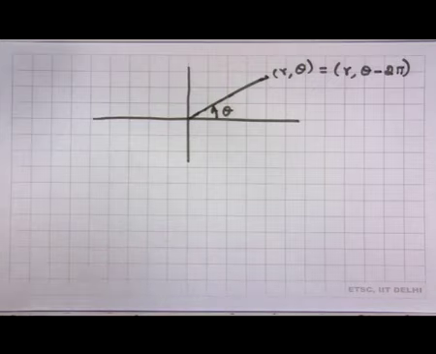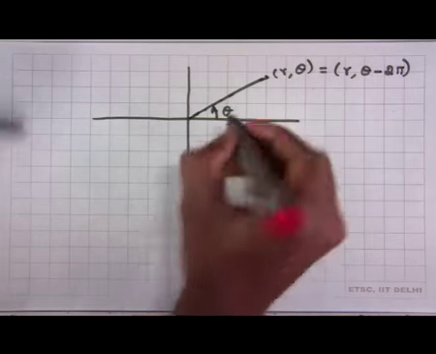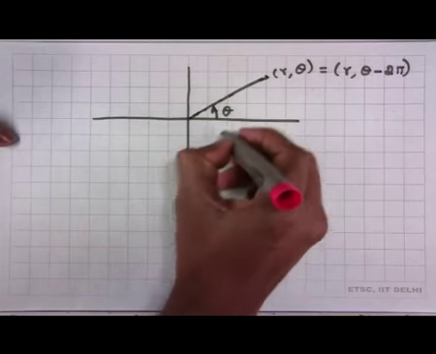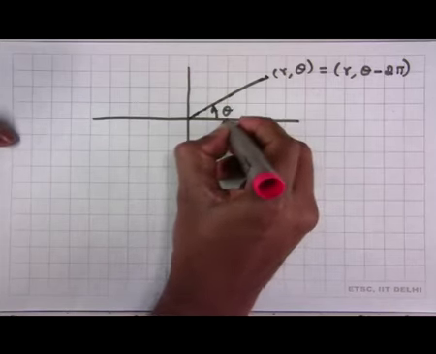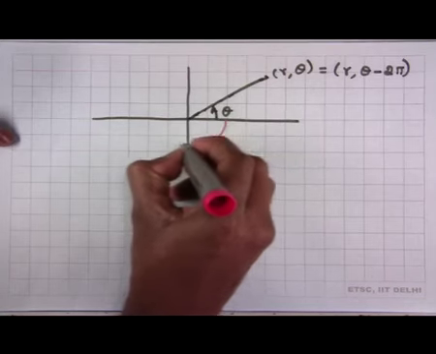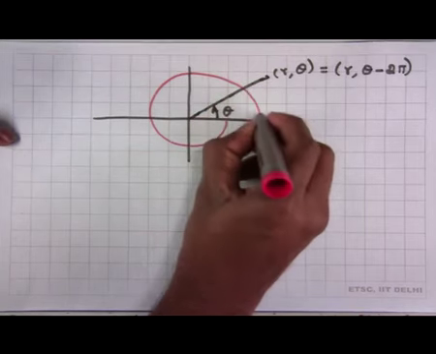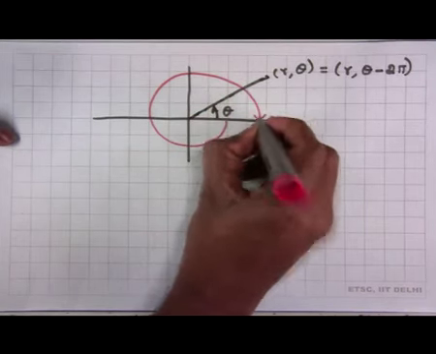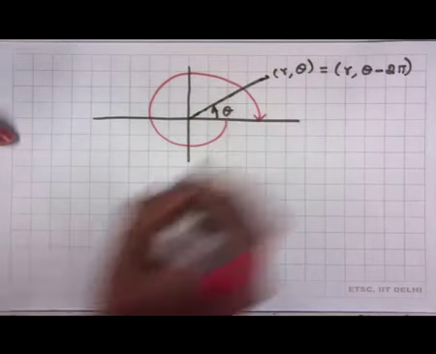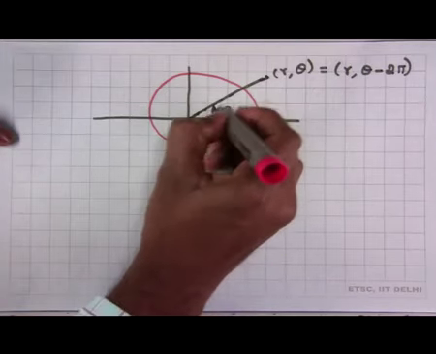Now, this can be seen as measuring the angle in the other direction, the clockwise direction, which makes it minus 2 pi, and then I add an angle theta.